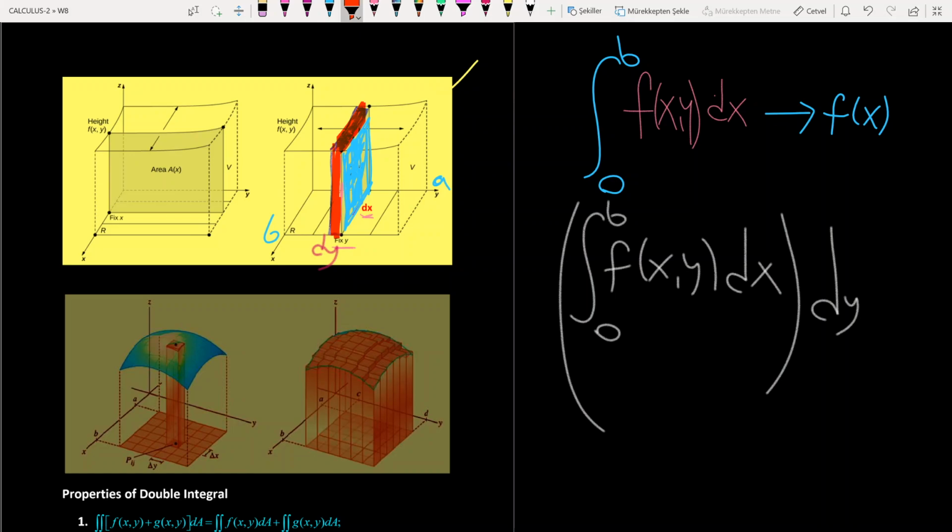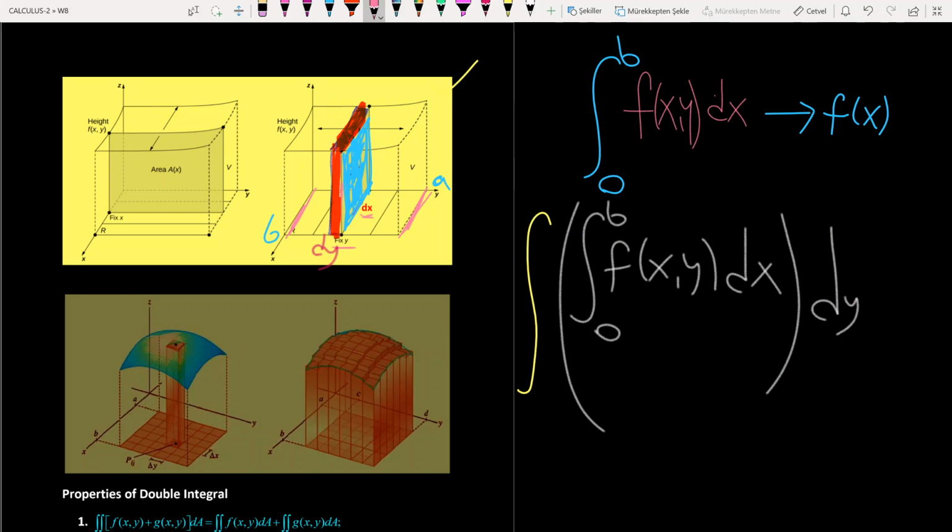So if you integrate, I mean if you sum all these volumes from 0 to A, okay, you have many volumes, many solids, so you have many volumes to find.